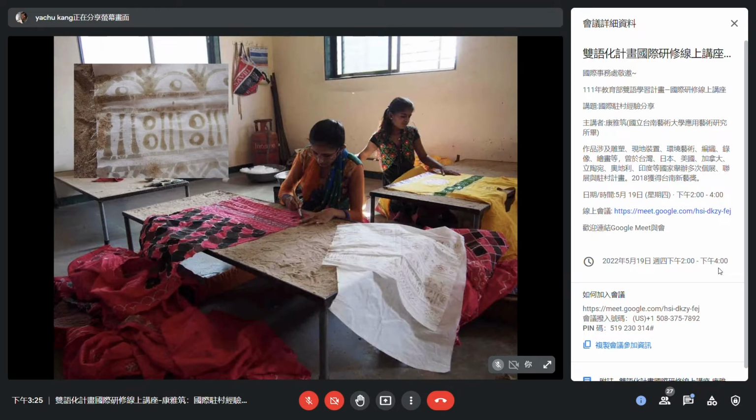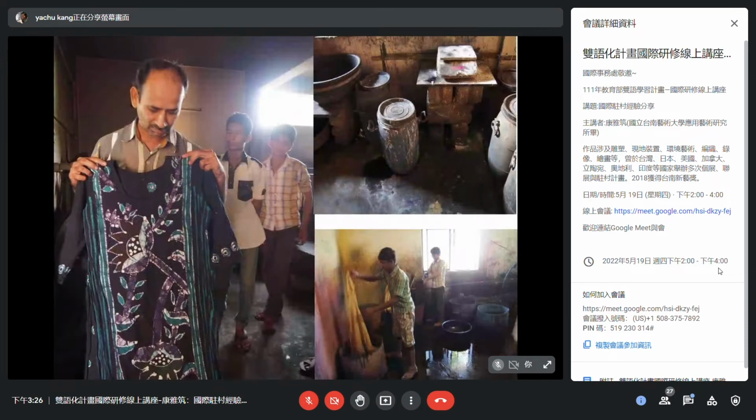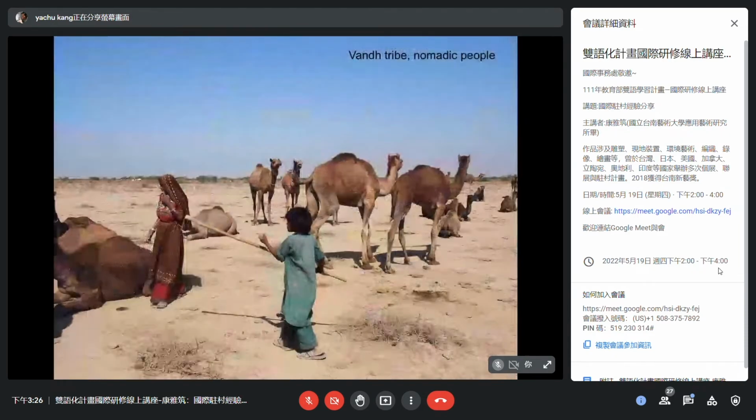And also, this workshop is part of a batik textile. They were using wax to paint on the fabric so the color will prevent. And then they dye the clothes and sell them.